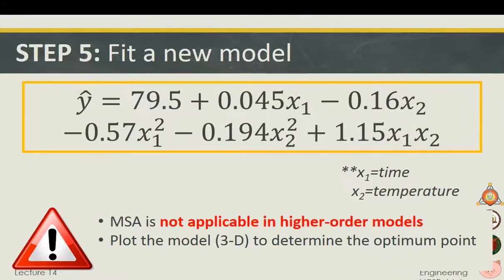Then if it's x2, get the partial derivative of dy over dx2, and so on and so forth. If you can't remember how to do partial derivatives, then maybe you should review your notes now on how to do them. So that's how you do your optimization in 3D for higher order models.